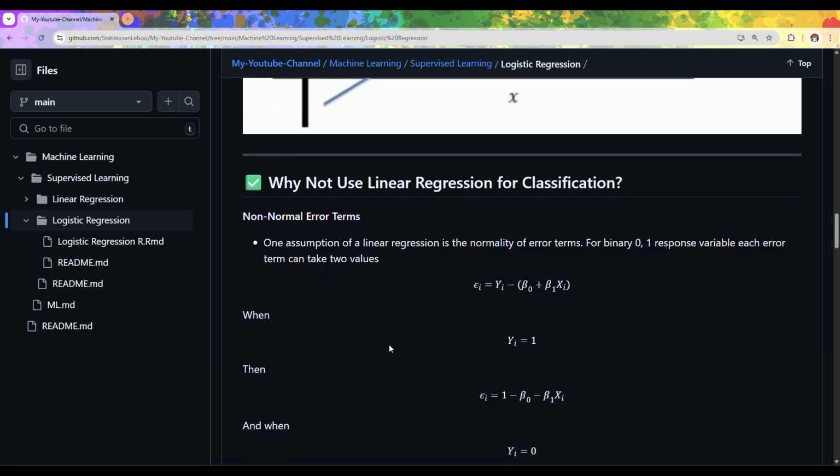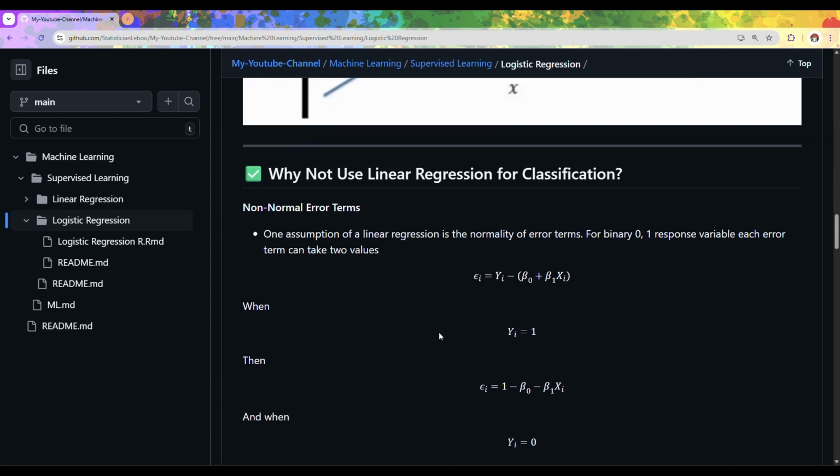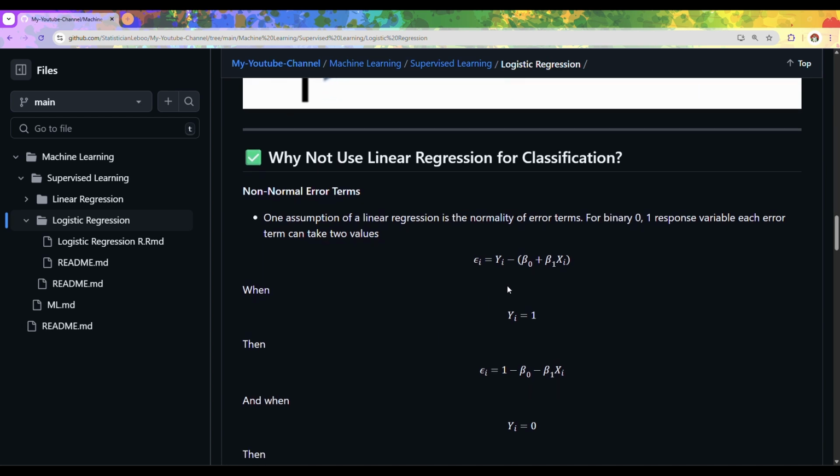One of the assumptions that we talked about when discussing linear regression was normal error terms, where we are saying the error terms, e, follow a normal distribution, and we expect them to have a fixed mean of 0 and variance 1. So that's what we expected. It's from a standard normal distribution.